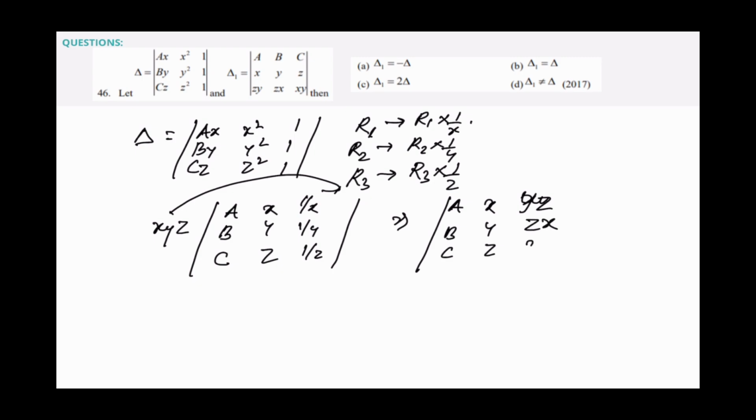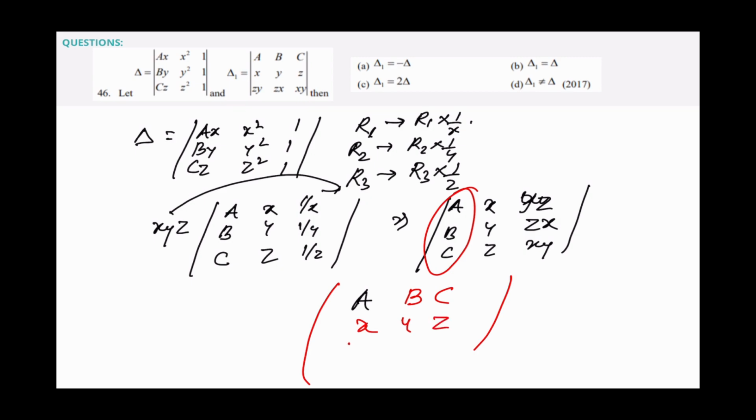Now if you see this and the other one, it looks like a transpose. So transpose it: the first column becomes the first row, so a, b, c, then x, y, z, then yz, zx, xy. So these two are transposes of each other.